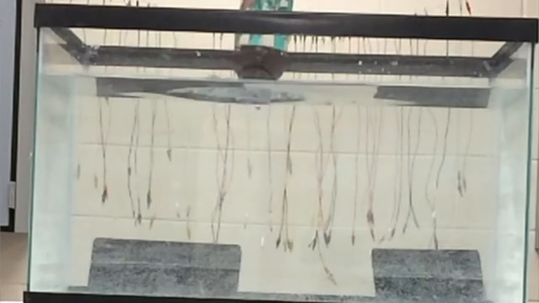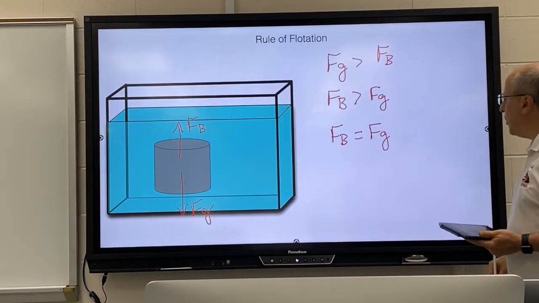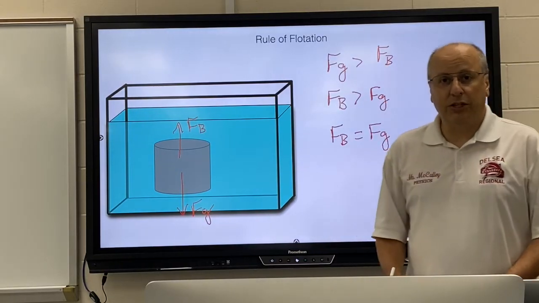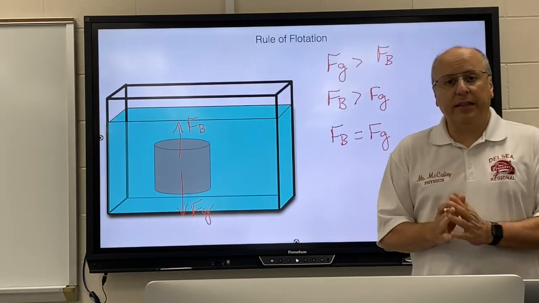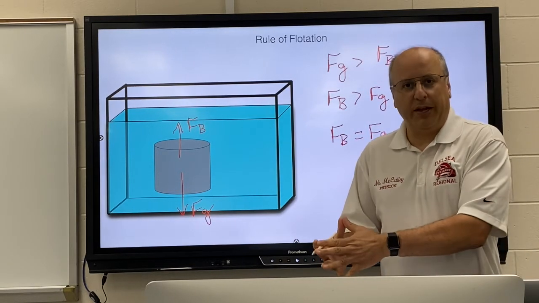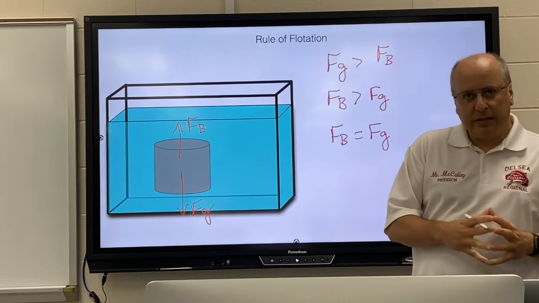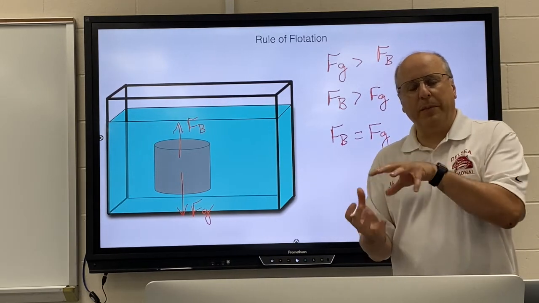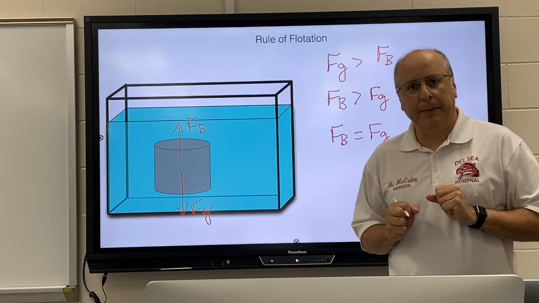The only time the object doesn't rise or sink is if we have buoyancy and gravity equal to each other. And under those conditions, it's said to be neutrally buoyant. It will not rise, it will not sink, it will remain wherever it happens to be.